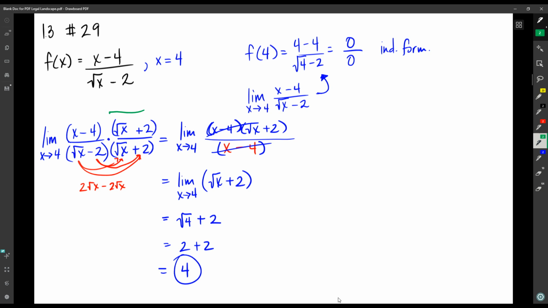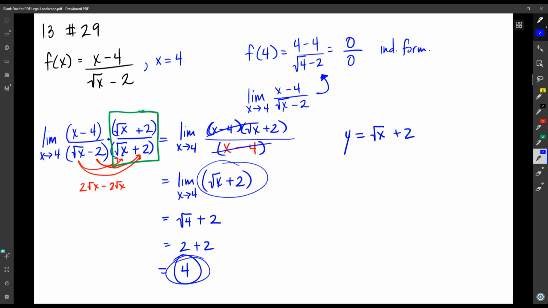You want to multiply by a value of 1, but that value of 1 you pick is the conjugate of the radical expression over itself. So the extension of this function, finally the answer, I suppose, is y equals the function that we had left over there, root x plus 2. If the question is in a form of a limit, you just want to give the limit value. And that's number 29.